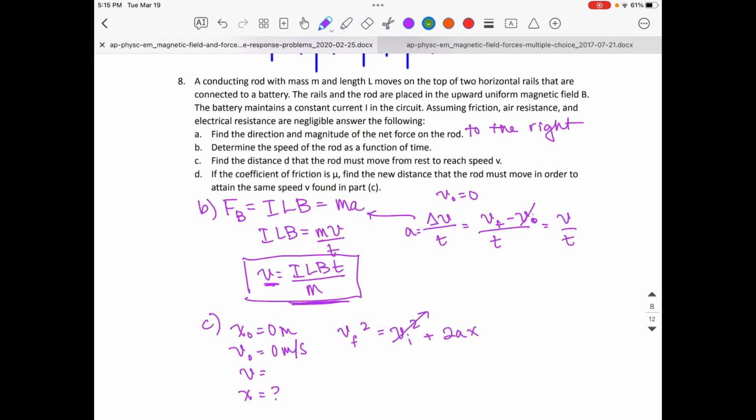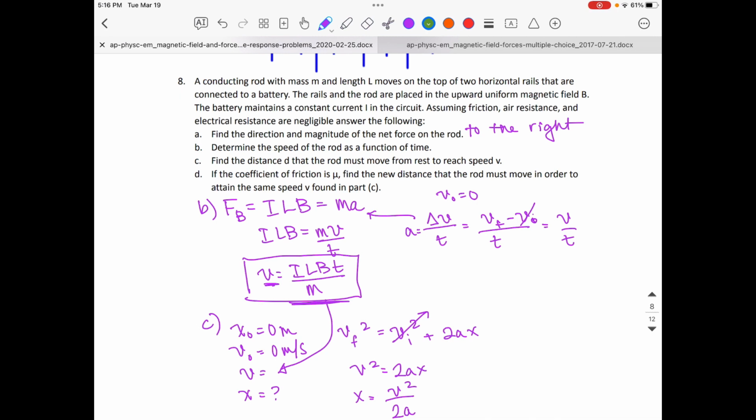Our final velocity is going to be this function, but as I stated, the answer key just leaves it as V. And so V squared is equal to 2ax, and therefore x is equal to V squared over 2a. Now, a is not given as a variable that we can use, although velocity is a variable they want you to keep it in.